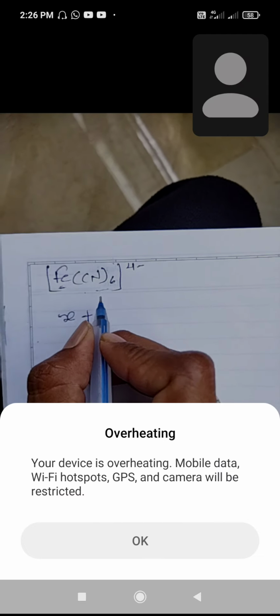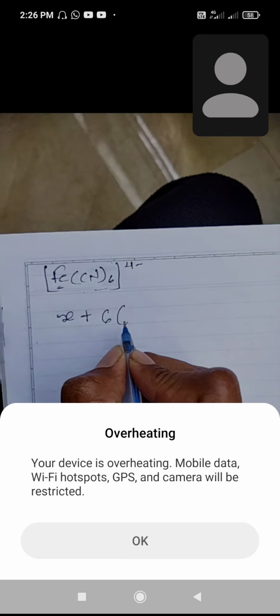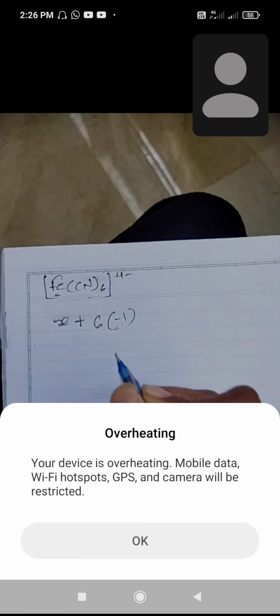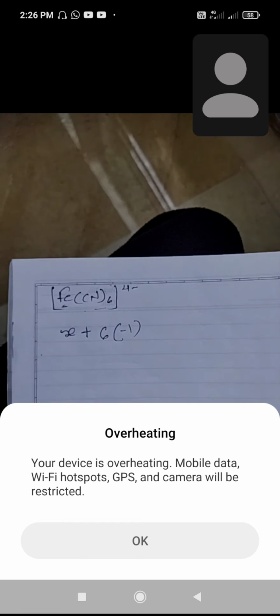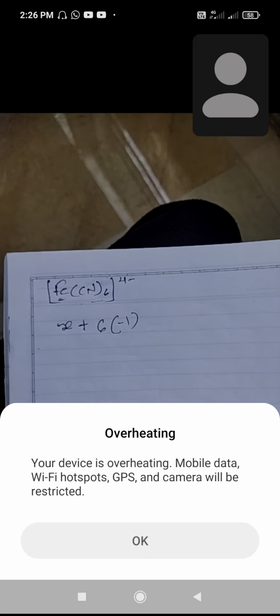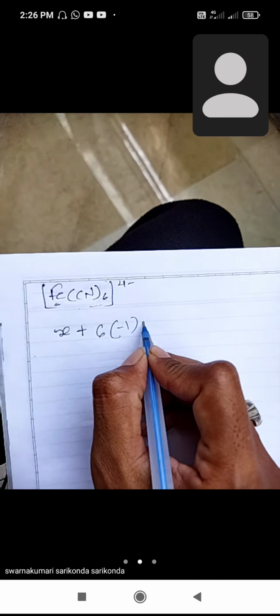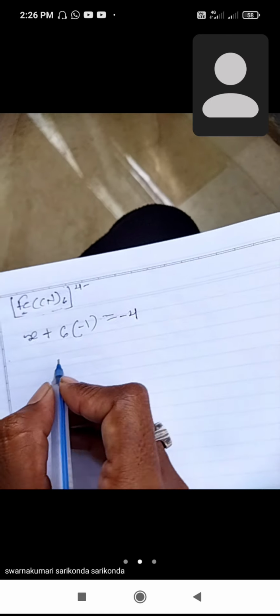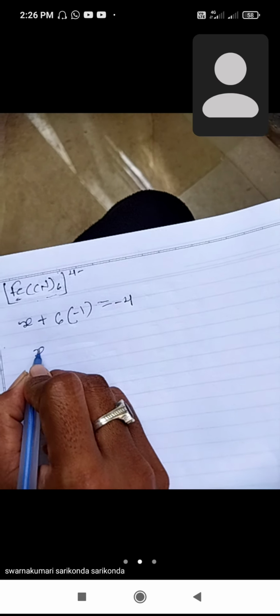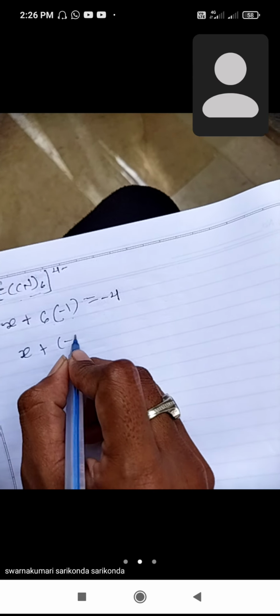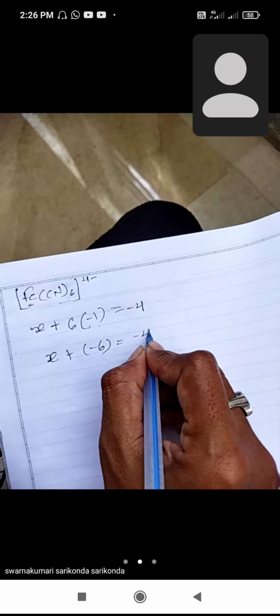So 6 into cyanide's oxidation state, minus 1, equal to the charge, which is 4 minus. So x plus 6 into minus 1, which is minus 6, equal to minus 4.